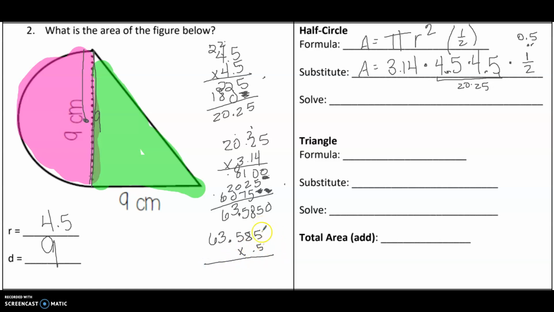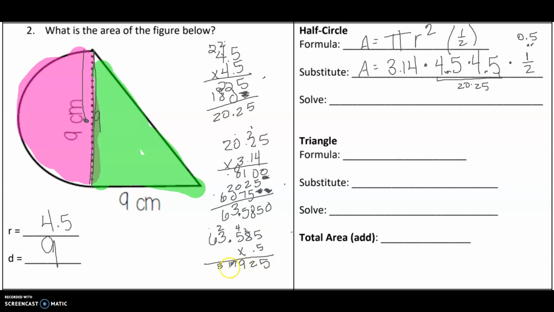You'll get the same answer either way. 5 times 5, 25. 5 times 8 is 40. 5 times 5 is 25, so 29. 5 times 3 is 15, 16, 17. 5 times 6 is 31. 1, 2, 3, 4 digits behind the decimal.